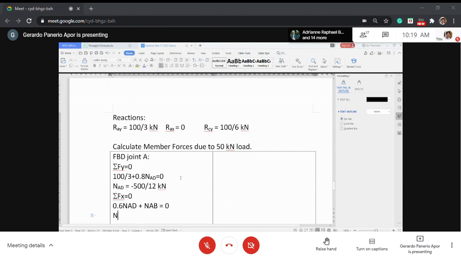So N_ED equals to positive. Okay, this one is a subscript and this one is a subscript.